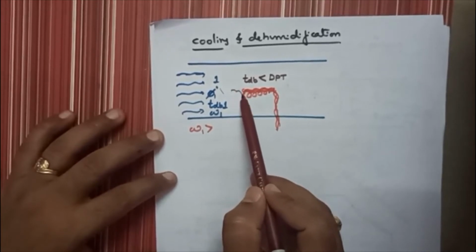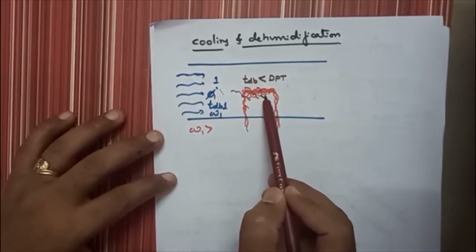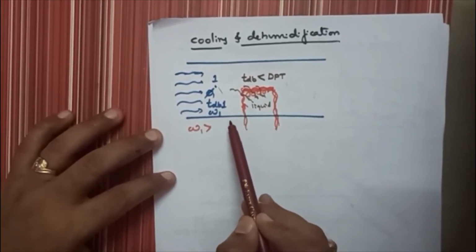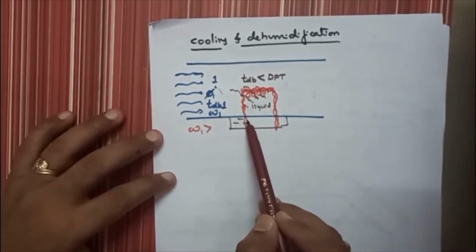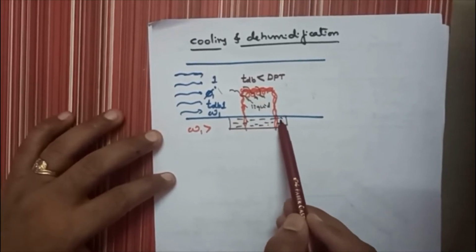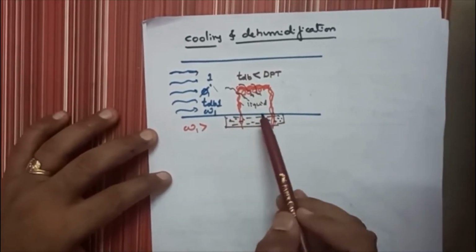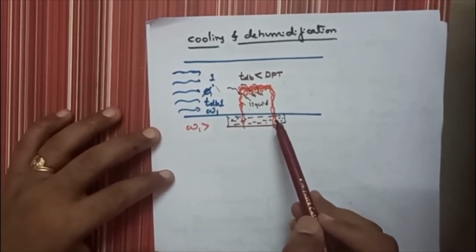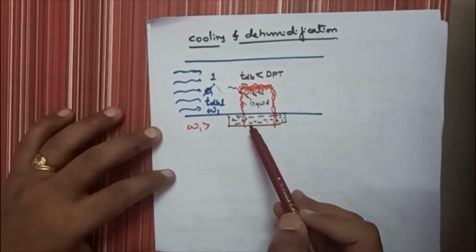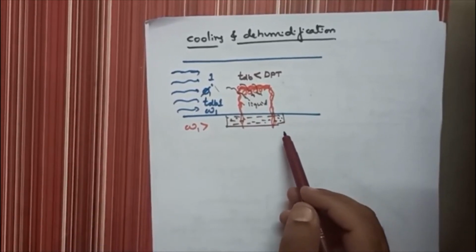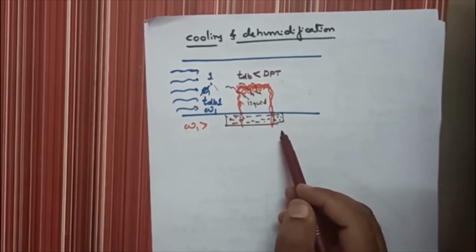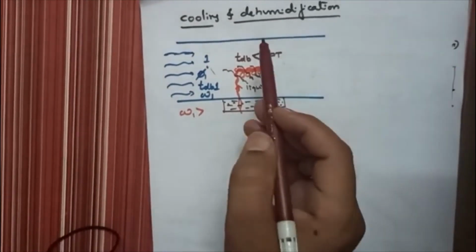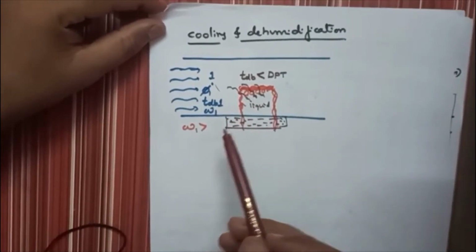Then the water vapor will start to condense to liquid, and that liquid will be collected here and taken outside. Such a phenomenon you might have seen as leakage of water in the air conditioning in the cinema hall or in the auditorium or in your home split air conditioner. Sometimes there will be leakage of water. That is the reason behind this: a dehumidification process is going on.